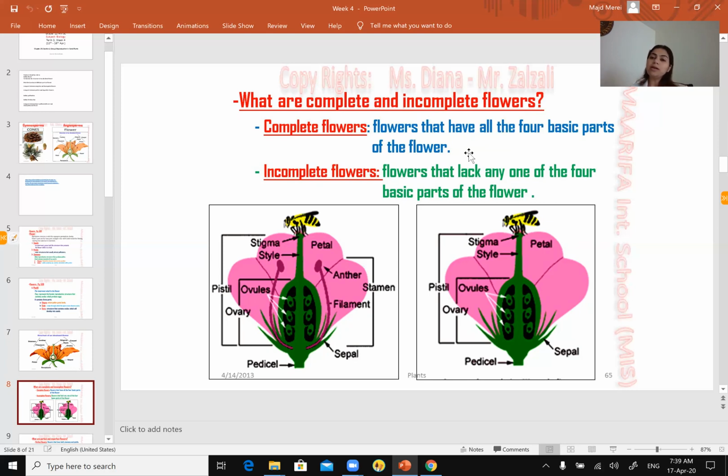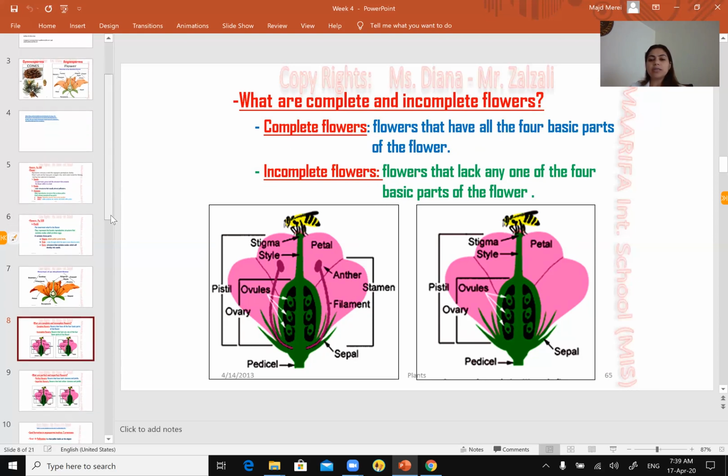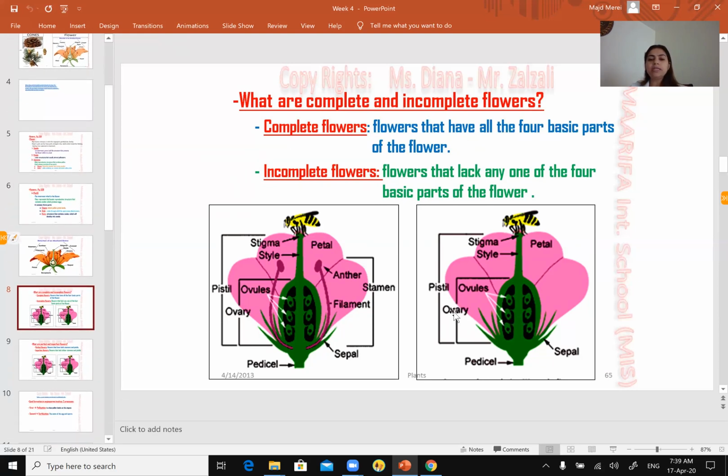Now we will compare between another 2 terms, perfect and imperfect flowers. Here, for example, in this diagram, the first one shows the 4 parts: sepals, petals, stamens, and pistil or carpel.